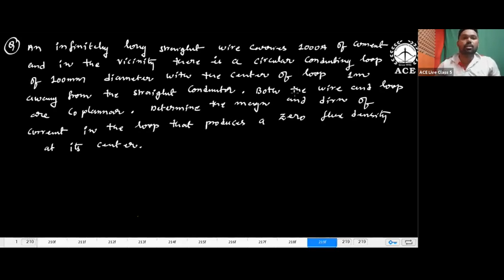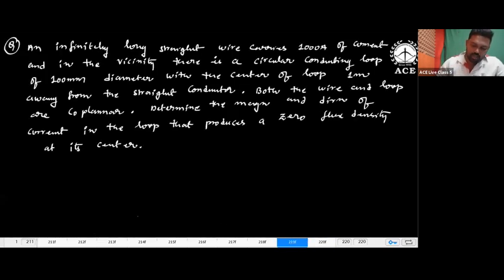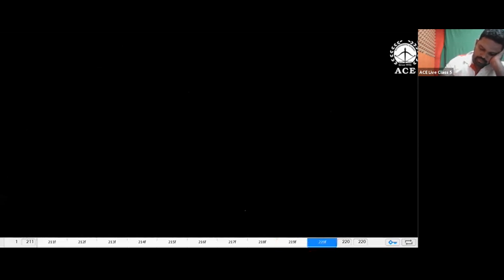An infinitely long straight wire carries how much? Let me turn the page here. Always draw some rough diagram. From there, you'll get some idea. Here is the question: an infinitely long wire.